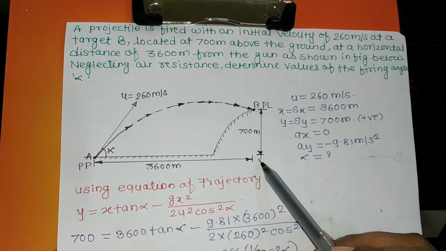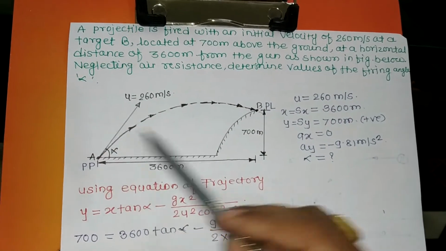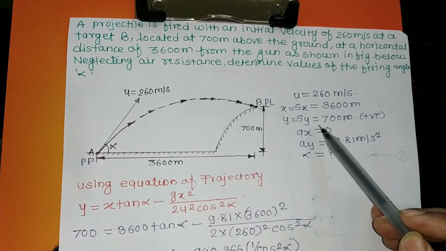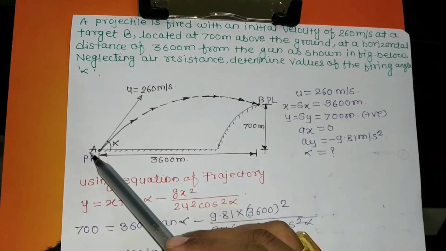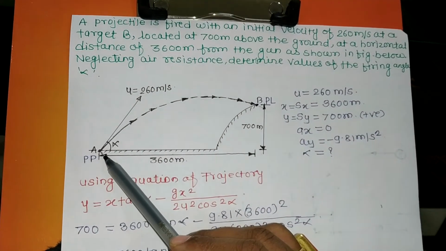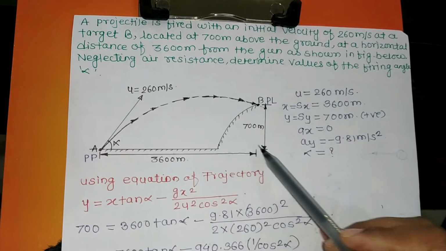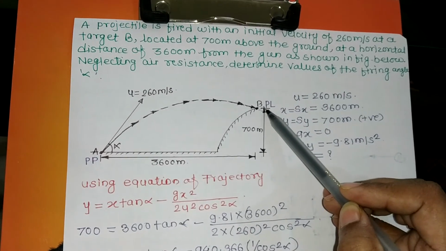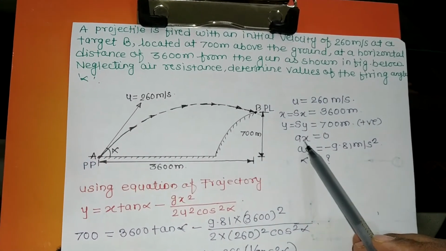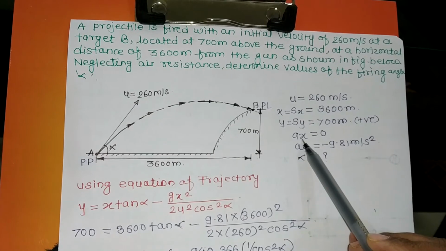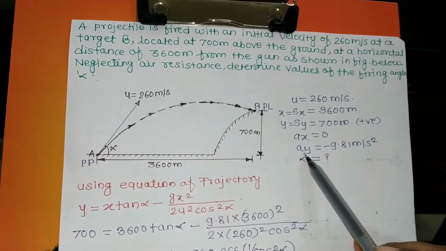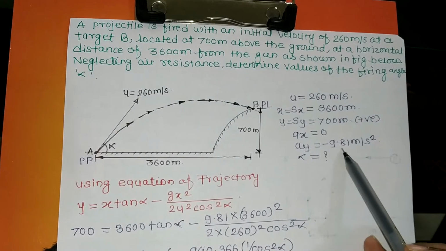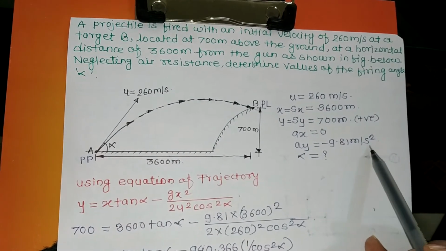In vertical sense, the distance between the point of projection and the point of landing is 700 meter, which we have taken positive because point of projection is the origin and the distance above the origin is positive. As we know that the velocity along x direction is constant, so ax we are going to substitute as 0 and ay will be equal to minus 9.81 meter per second squared.